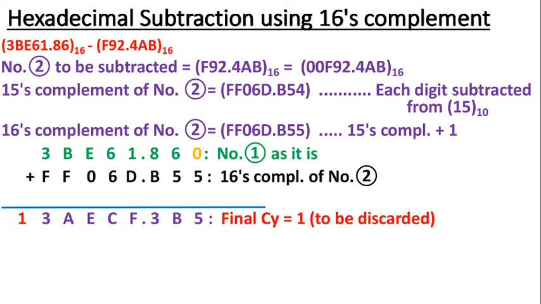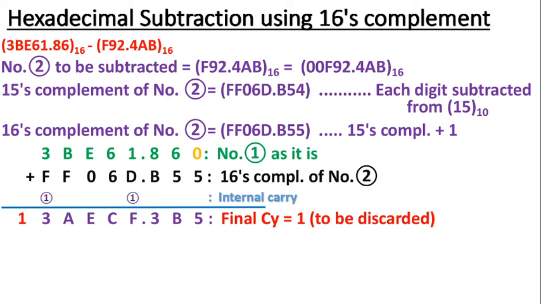If I had used the 15's complement method, this final carry would have been added to the LSB digit, and the final sum generated would be the difference of the given hexadecimal numbers. But in the case of 16's complement, whatever final carry we get is simply discarded, and then we rewrite the answer.